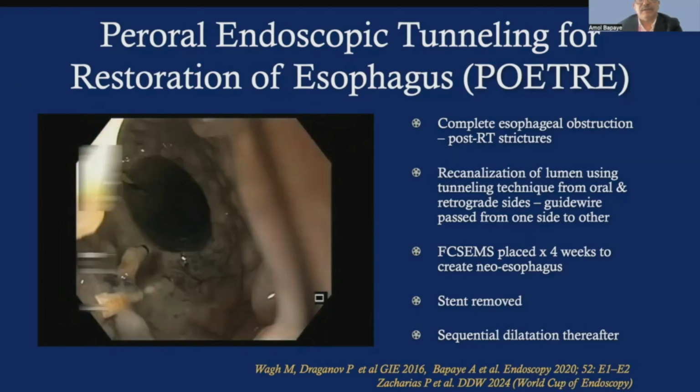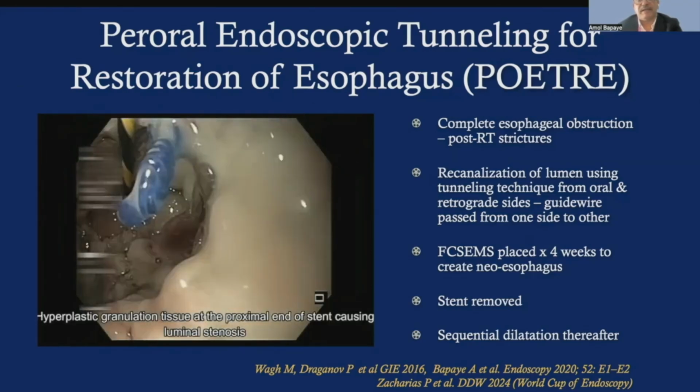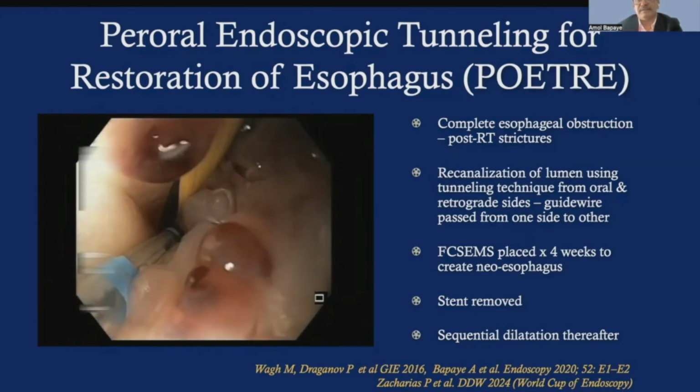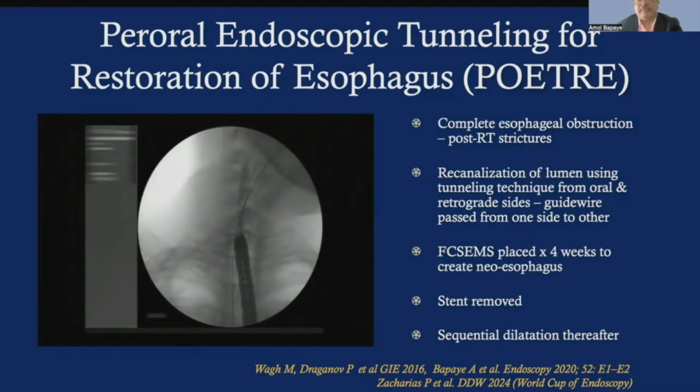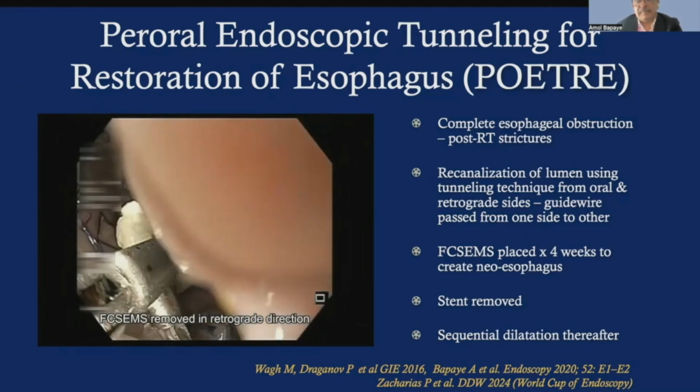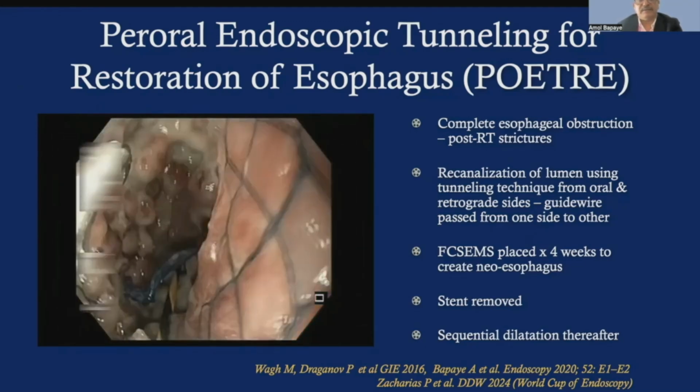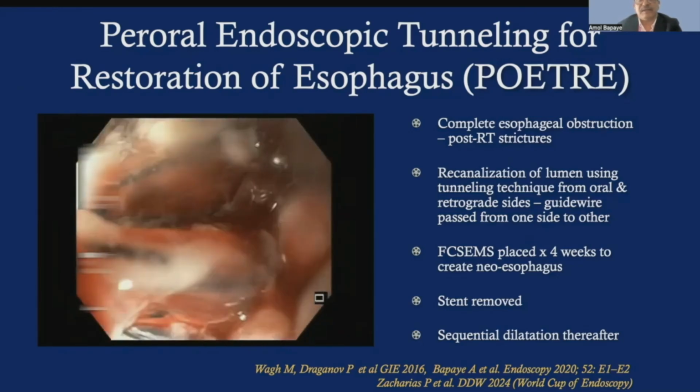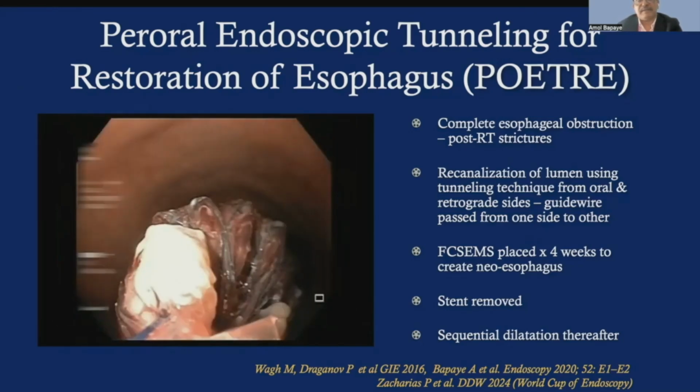This leads to a new esophagus formation and new recanalization, which just needs to be dilated intermittently, and the patient has the ability to eat like this. So this is a very impressive technique which has been described.